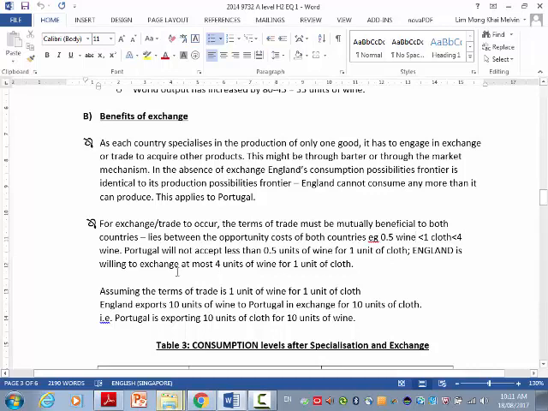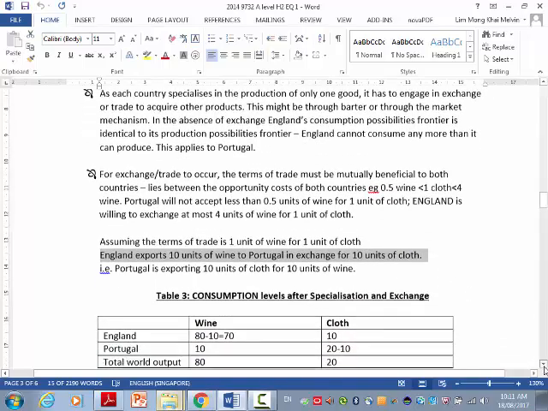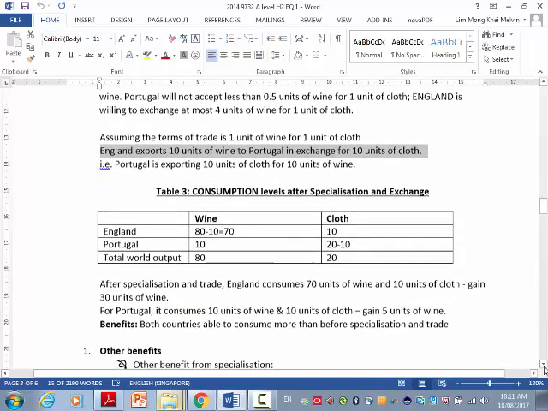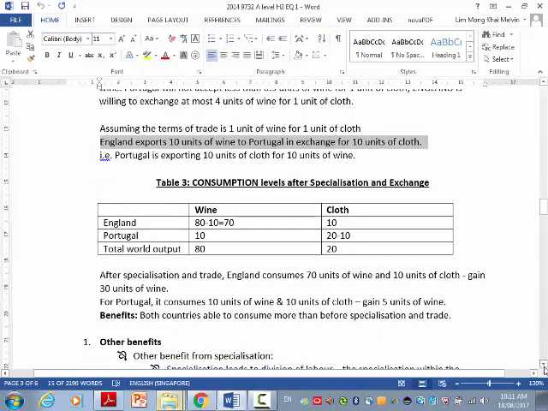England is willing to exchange at most 4 units of wine for 1 unit of cloth. They won't want to give up more than that. So they have to come to a common agreement, and let's assume that this is 1 unit of cloth for 1 unit of wine. So in this case, let's say England exports 10 units of wine to Portugal in exchange for 10 units of cloth. And this is what we see.